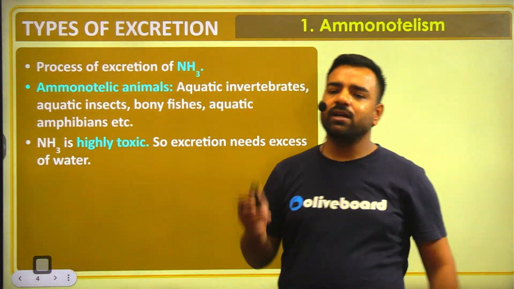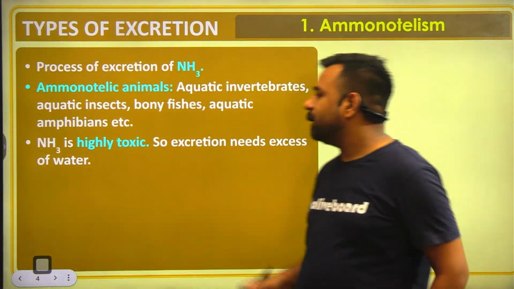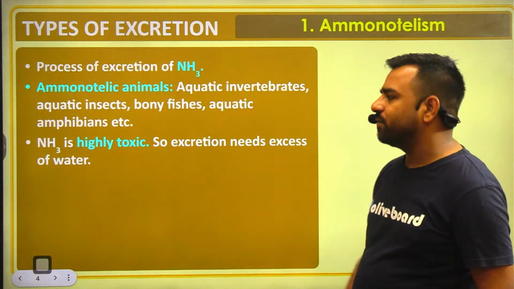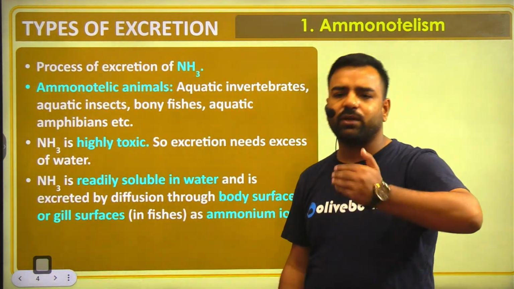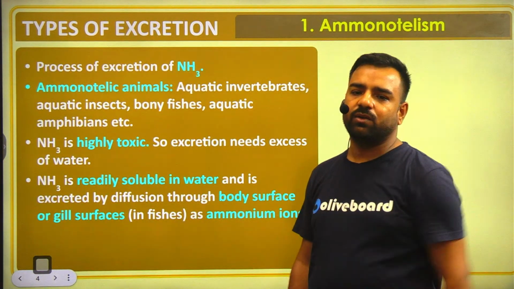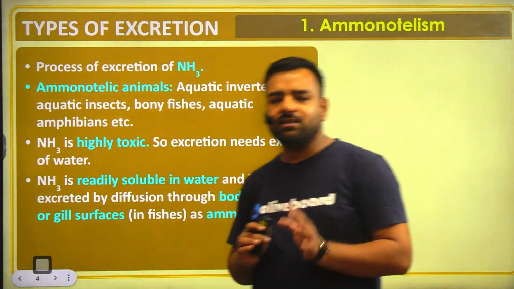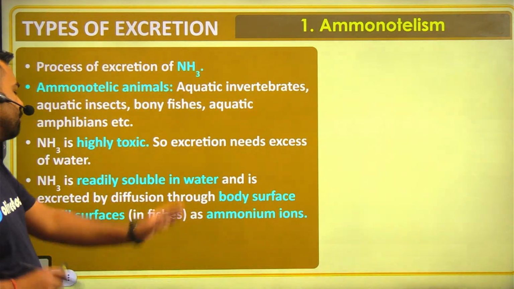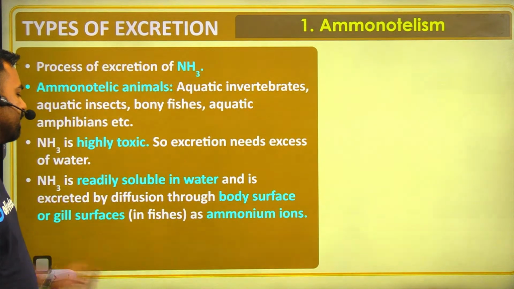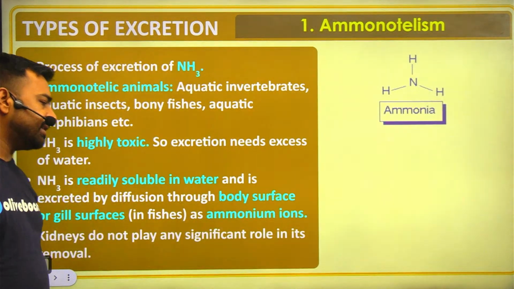We'll discuss it later. But as of now, ammonia is highly toxic, so excretion needs excess of water. And since excretion needs excess of water, most of the aquatic animals are ammonotelic only. Ammonia is readily soluble in water and excreted by diffusion through body surfaces or the gill surfaces in the fishes, in the form of ammonium ions.